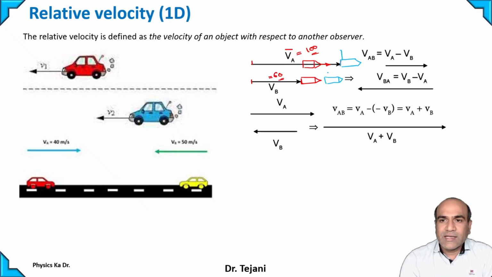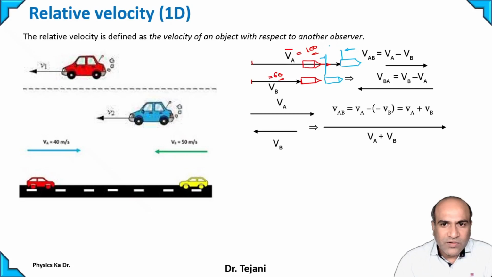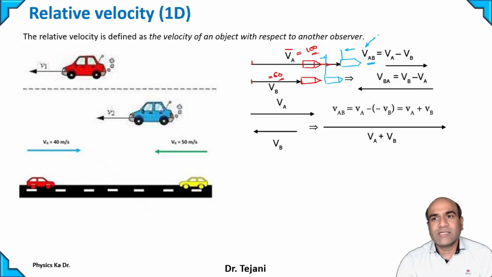So this gap we see, that is the relative velocity. That means if we compare the relative velocity of A with respect to B, this VAB represents the velocity of car A with respect to car B, and is equal to VA minus VB.